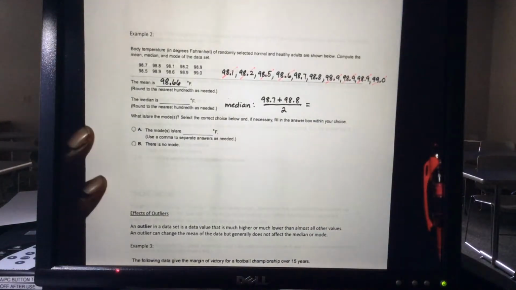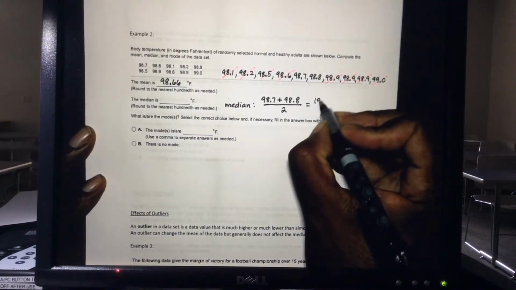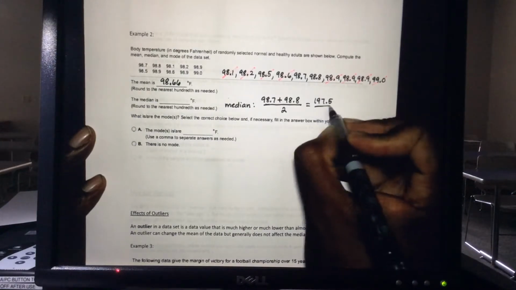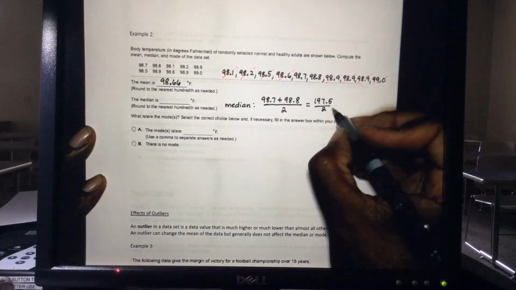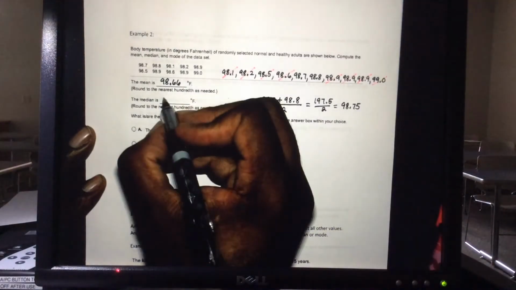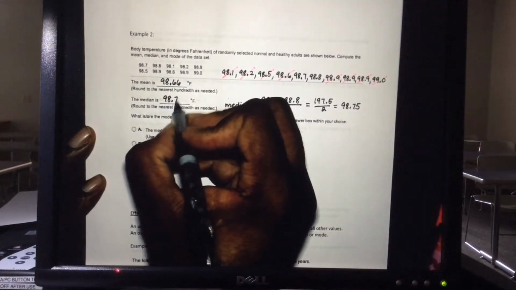Now if I add 98.7 to 98.8, I'll get 197.5. Divide that by 2, and this is going to be to the nearest 100, 98.75. That would be the median, 98.75.